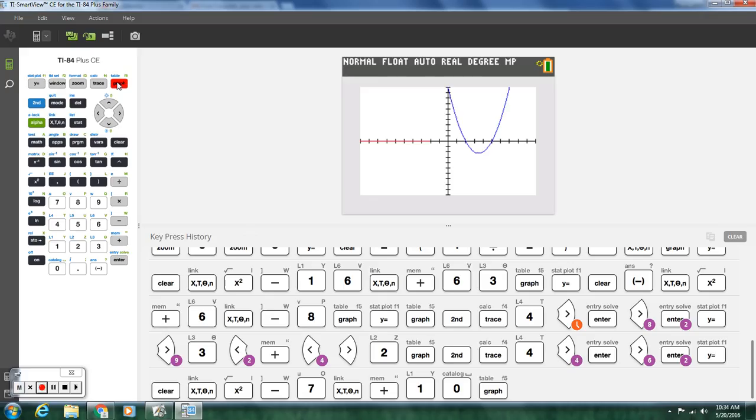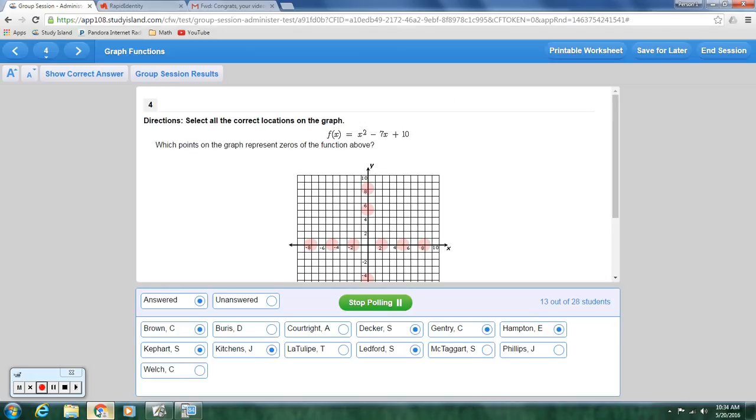That's what I got when I graphed it. So at what 2 points does it cross the x-axis? No pressure. Click on the 2 points, or 1 point, or no point, I don't know.